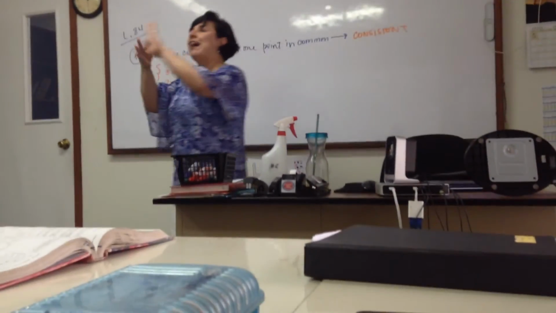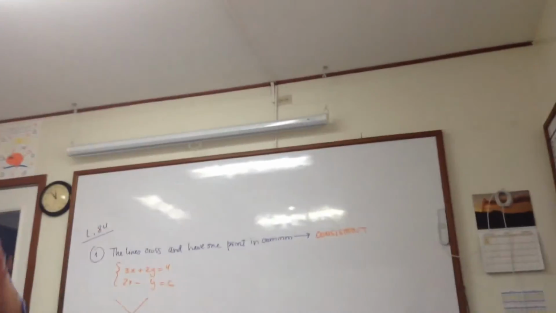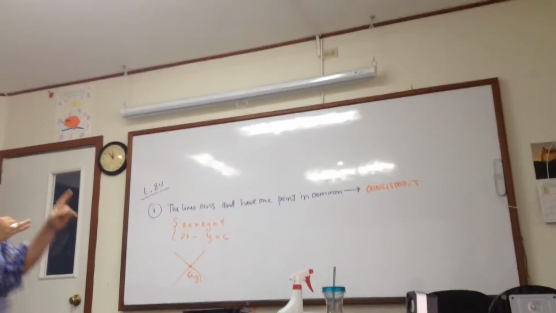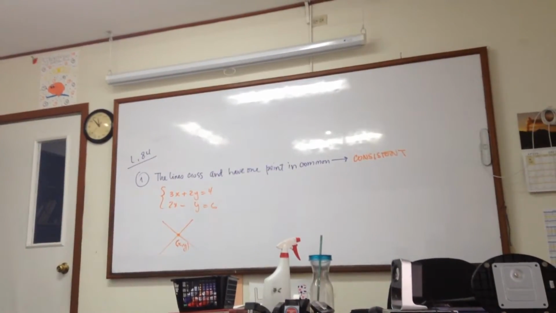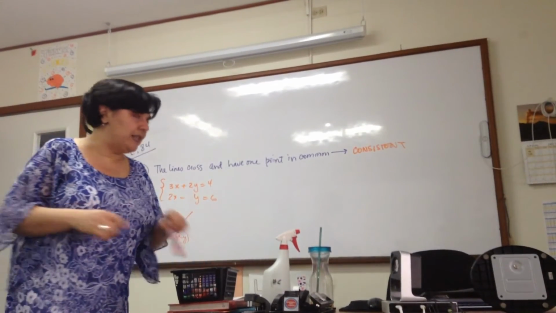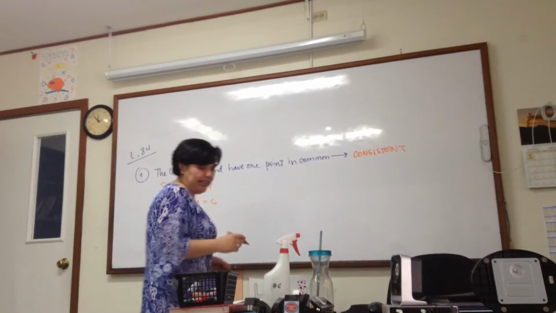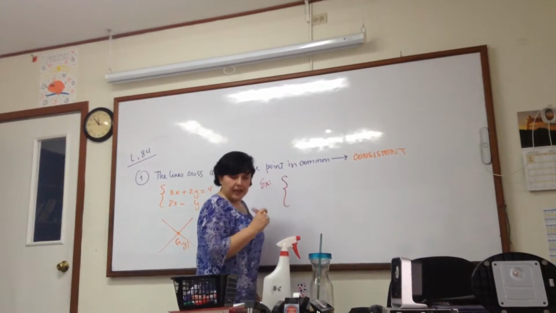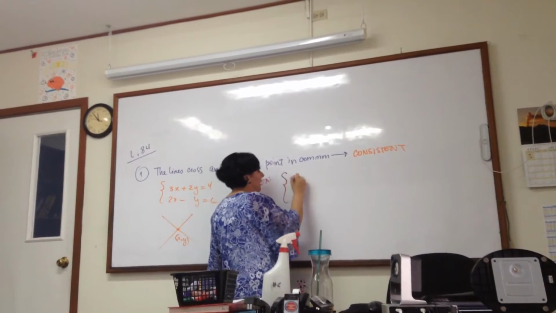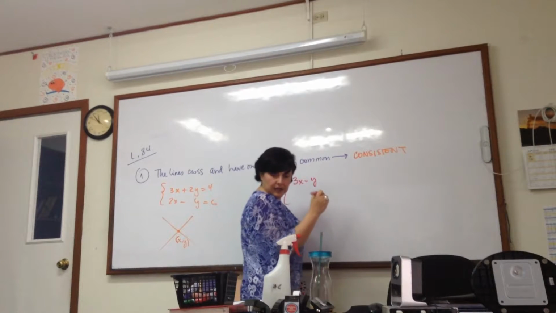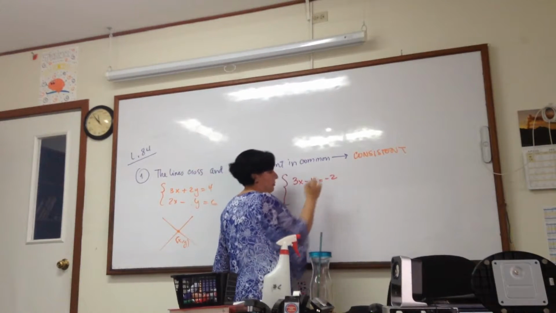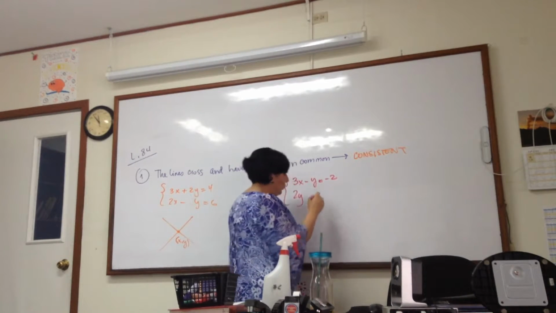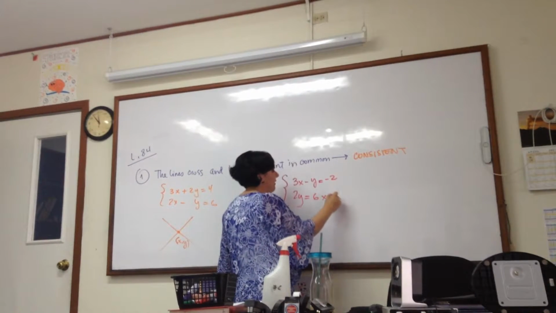So, is it clear that you have 3 types of relationships between lines? They're either parallel lines, dependent lines, or consistent lines. Okay? Let's look at an example. They're going to give you this example: 3x minus y equals minus 2, and 2y equals 6x plus 5.